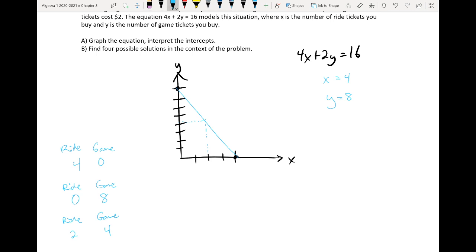How about if we have 3 for ride and 2 for game? Let's see if that works.